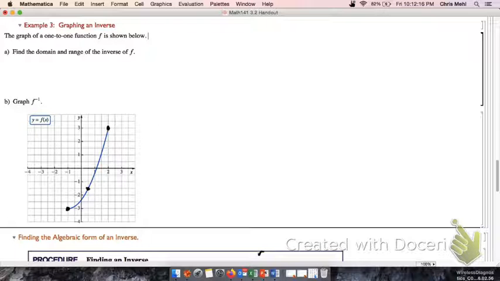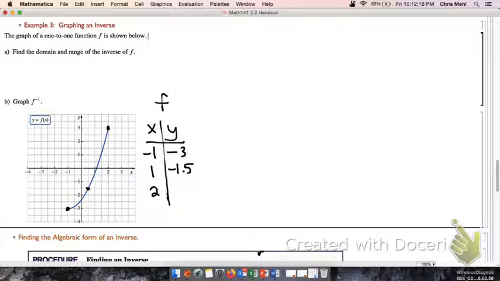On the graph of f, I've got a set of x and y values. Those 3 points have x coordinates -1, 1, and +2, and the corresponding y coordinates are -3, -1.5, and when you plug 2 in, you get 3.